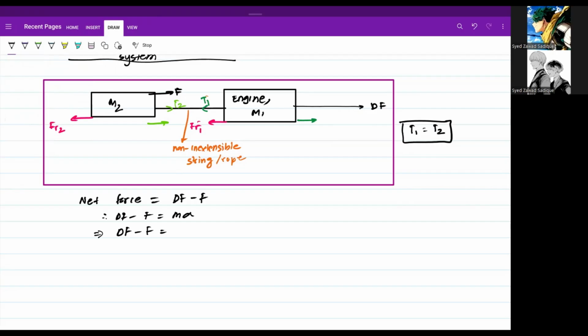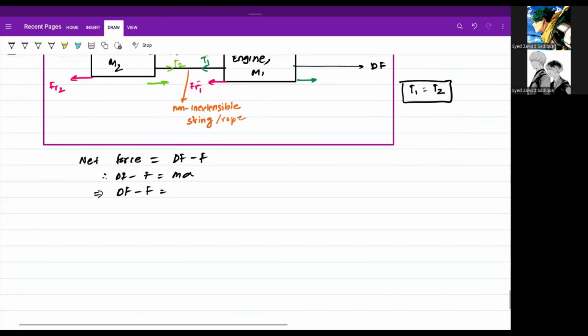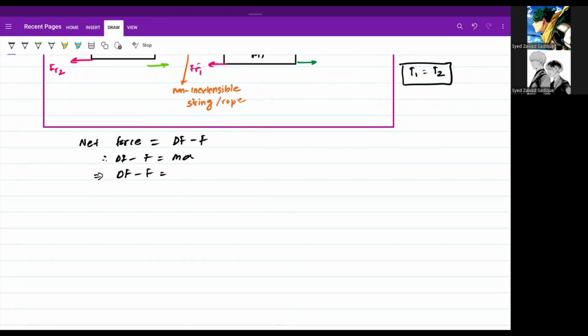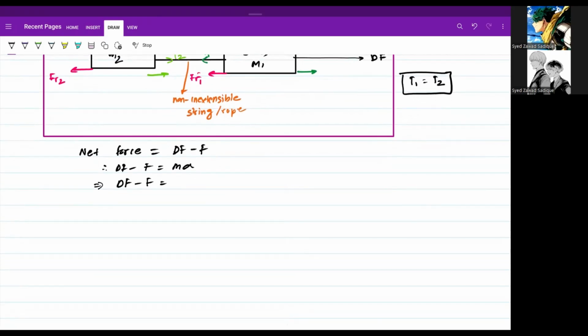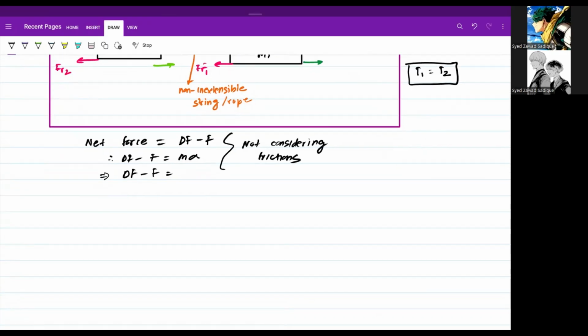This is the general idea. If I were to break it down, by the way, I'll just add this: not considering friction.